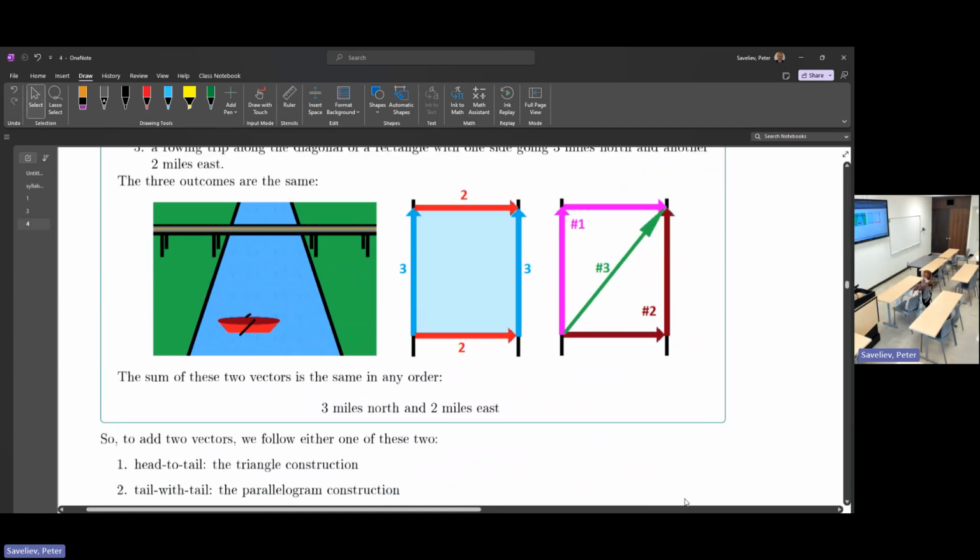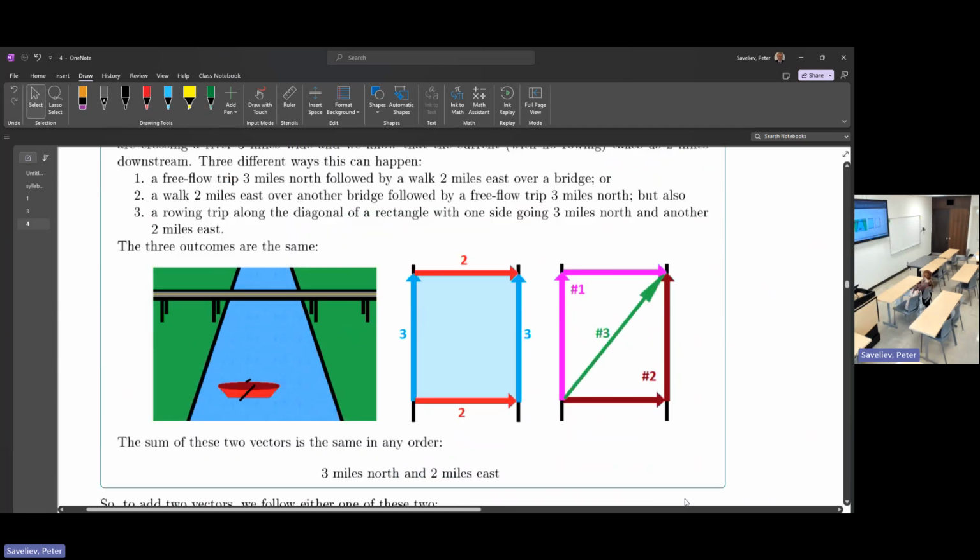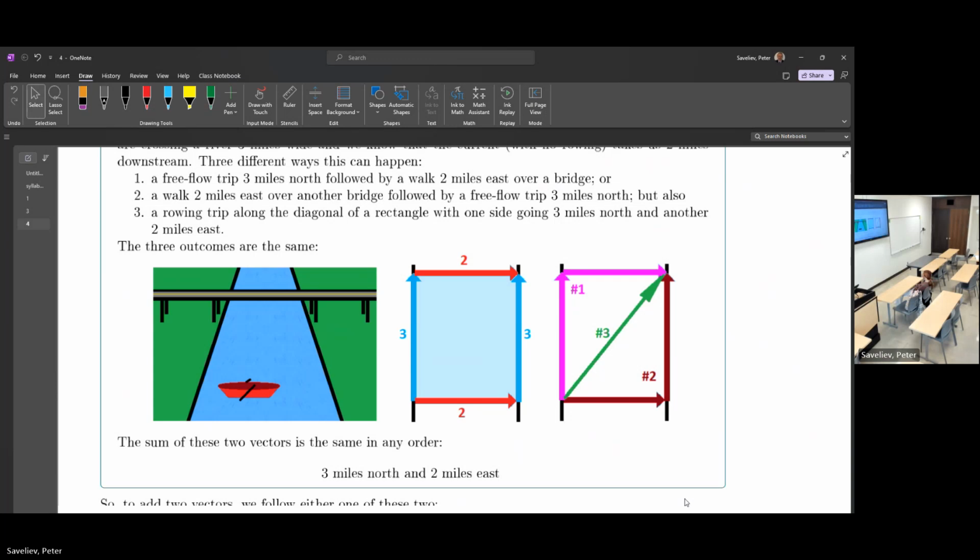So displacements are also possible, in the sense that if you are rowing in the current, your actual trip is in green, number 3. You're going diagonally. But also imagine that you can split your trip into two.